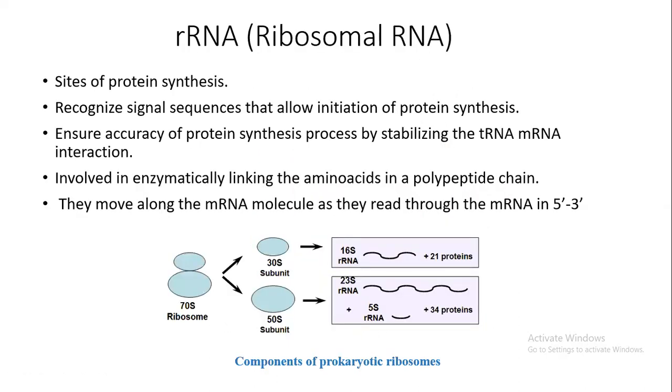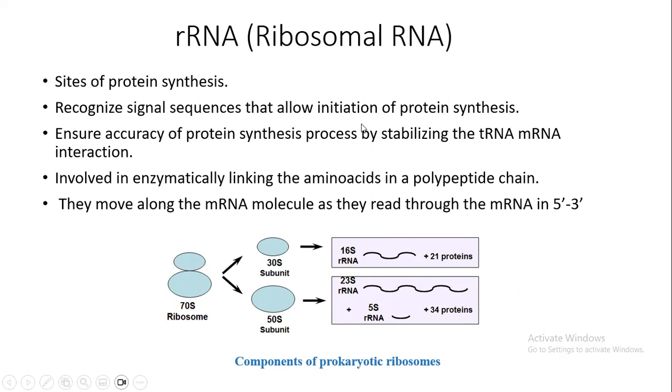Next component are ribosomes. Ribosomes are basically the protein synthesizing machinery, and they are made up of ribosomal RNAs. They recognize the signal sequence which allows the initiation of the protein synthesis process.